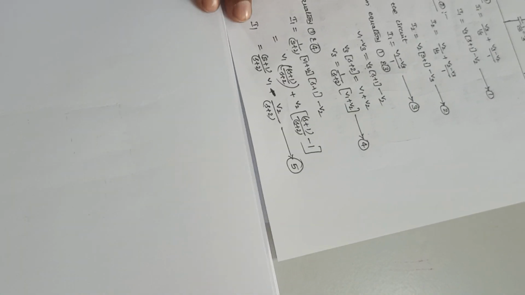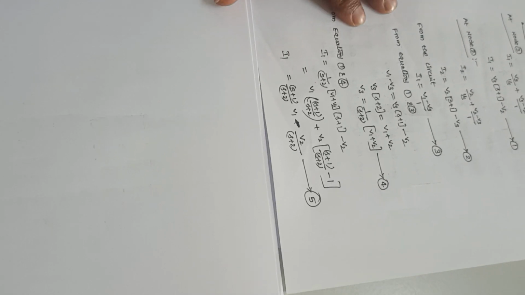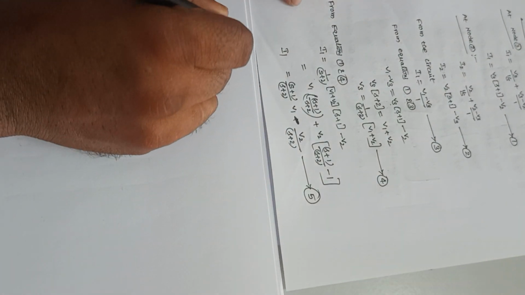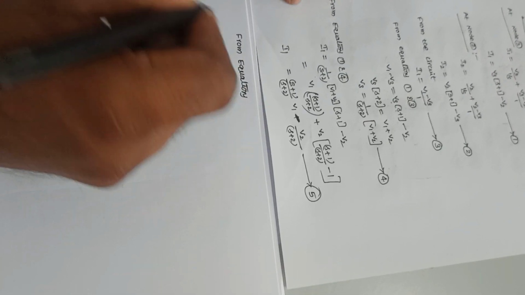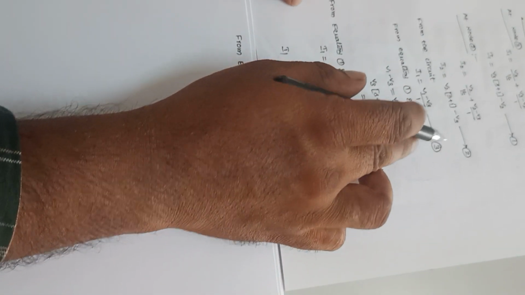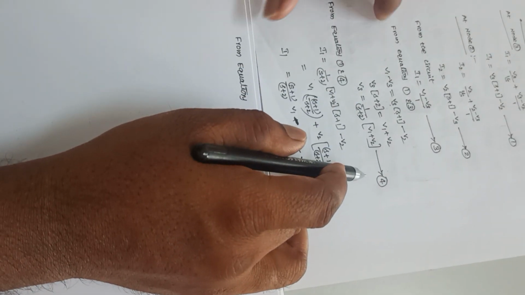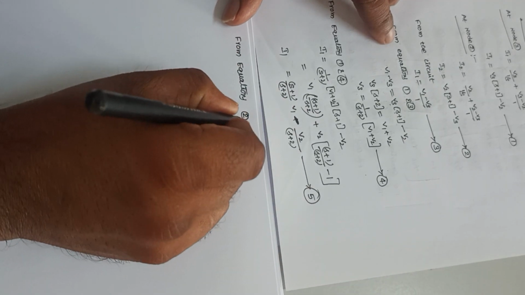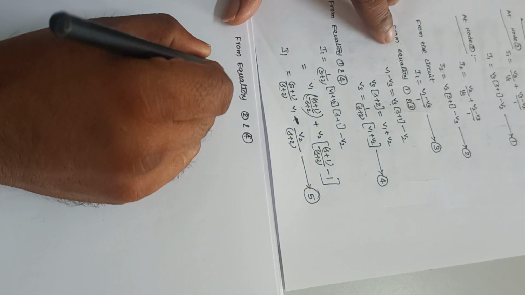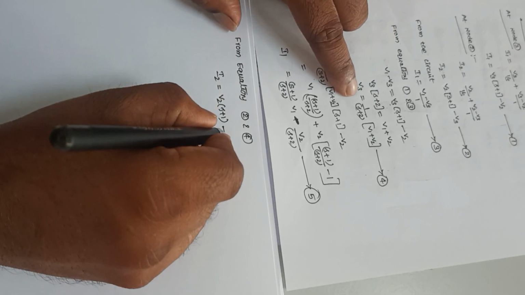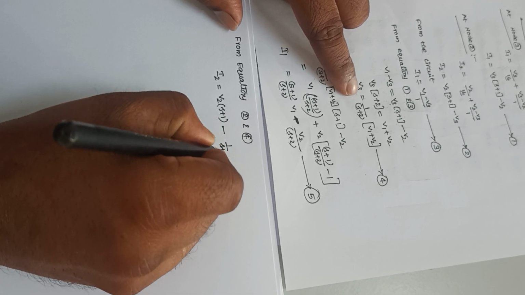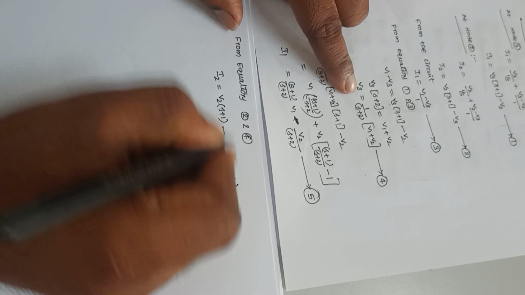Now another equation. From equations 2 and 4, I will write I2 is equal to V2 into S plus 1 minus V3, which is 1 by S plus 2 into V1 plus V2.